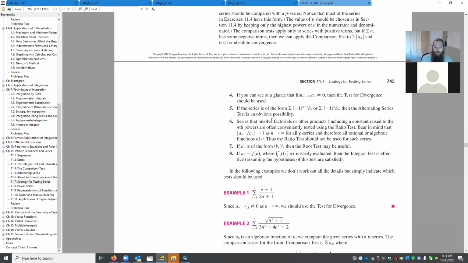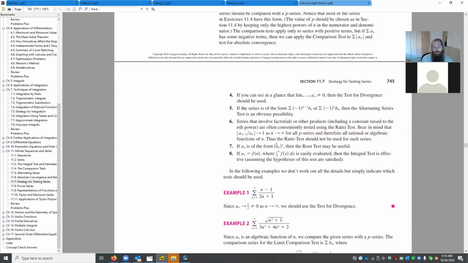If the series has factorials in it, or other things that look like factorials, consider using the ratio test. And remember that if the series is a rational function of n, like certainly 1 over n, but also n plus 5 over n squared, that stuff, remember that the root and ratio tests don't care about those things.